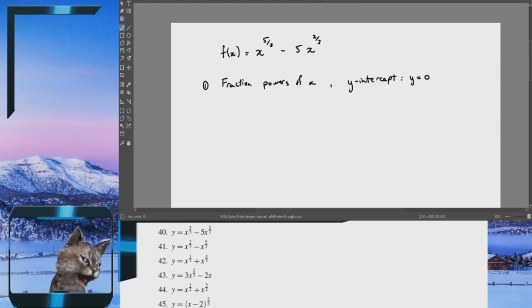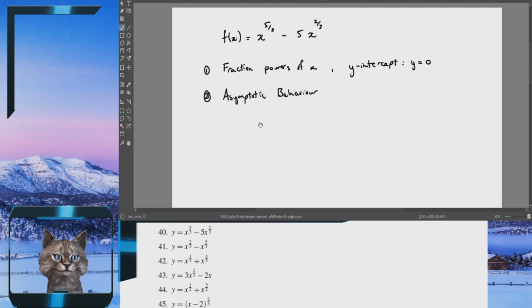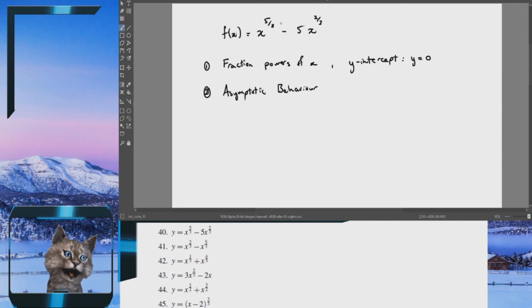Now, by identifying what the function type is, I do recognize that, when I get to asymptotic behavior, it actually has a lot of similarities with polynomials, in that for these positive powers of x, I have to answer the question if x approaches infinity, then my function is going to behave like its leading term.